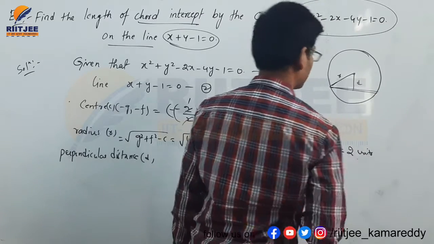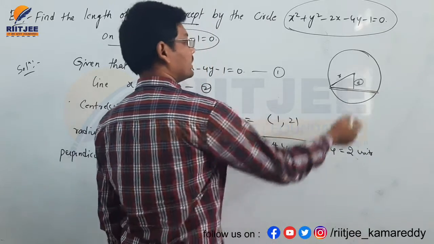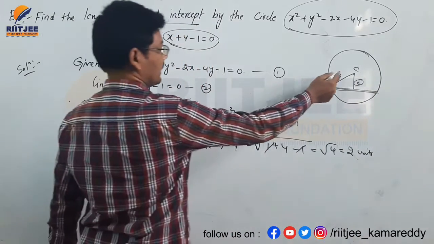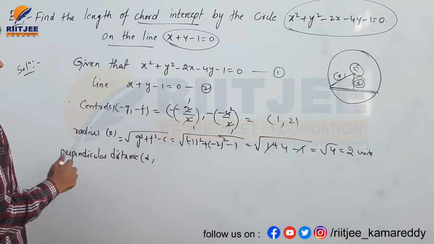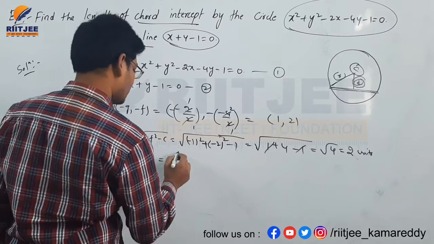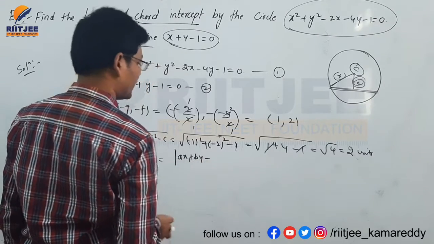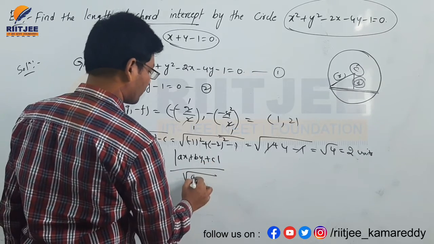This is the line equation given. Here we require the length of chord. This is center C, R we got, and we need to find D. The formula of D is modulus of ax1 plus by1 plus c by square root of a square plus b square.